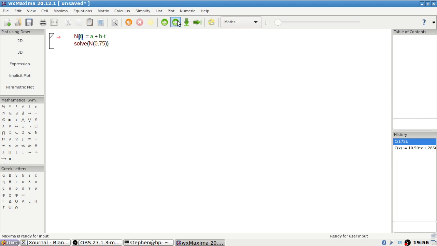It's the number of pages, so P. So the time for a 4-page assignment should equal 45 minutes. And then the time for 9 pages is 1.5 hours. So that's 1.5. And I want to try and solve for A and B.